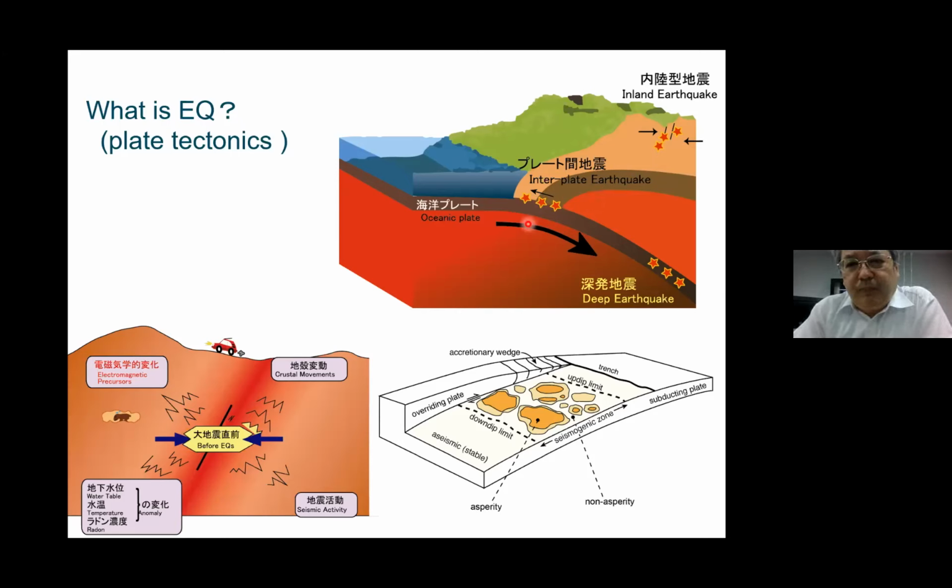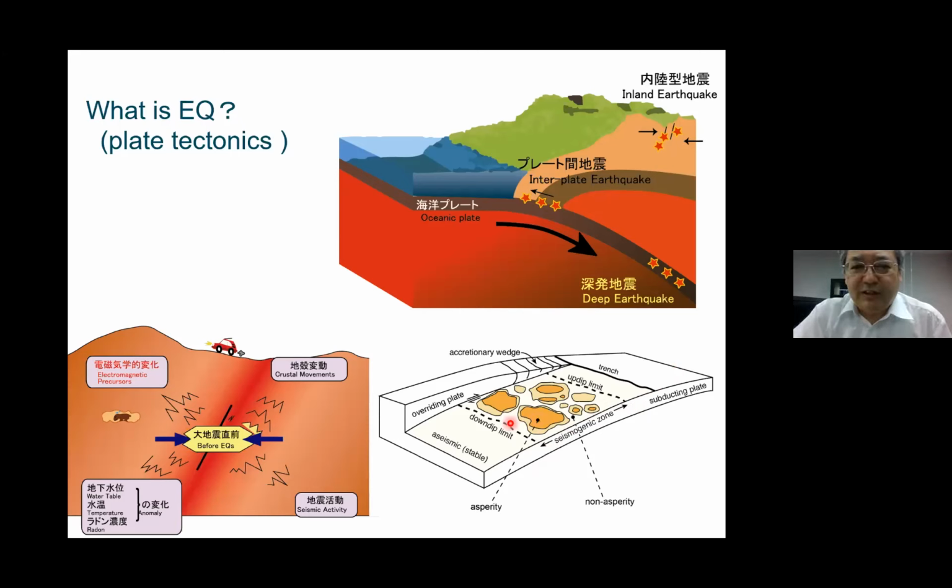And what happened in the plate boundary is given here. This is a schematic view of the plate boundary. This is the subducting plate, and this is the plate boundary. And there is an asperity. Asperity is hardly in contact, the oceanic plate and continental plate hardly contacted, okay, locked.